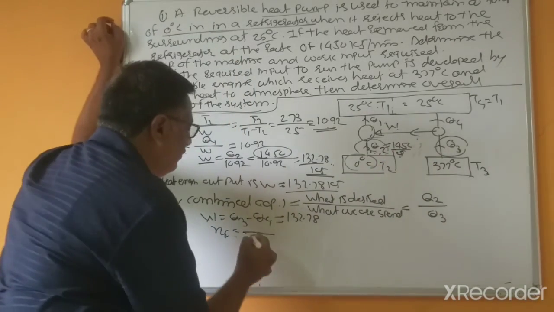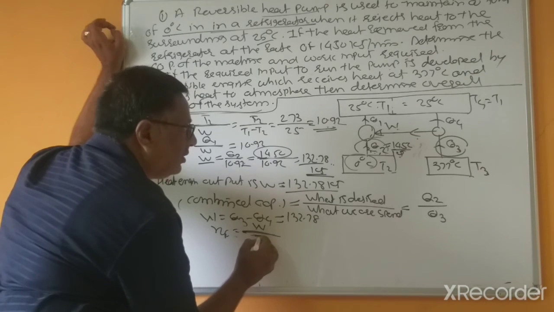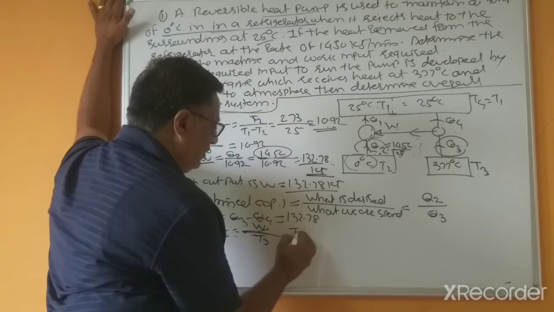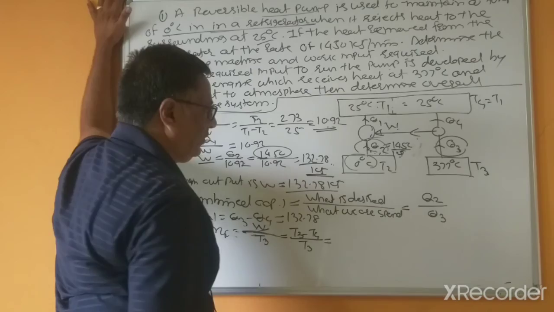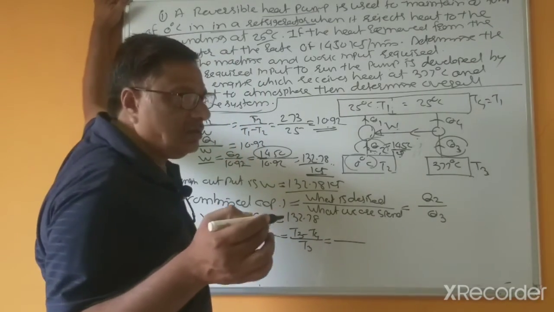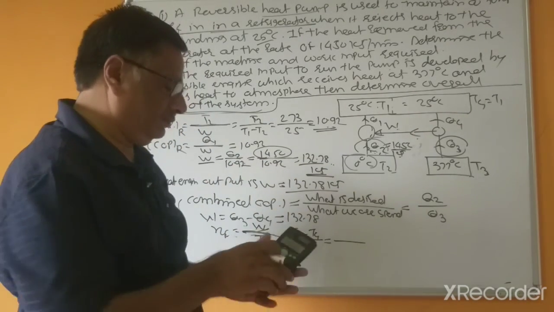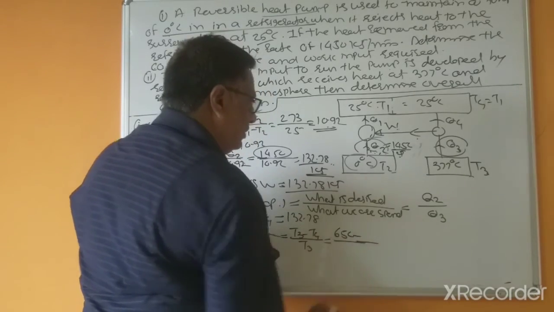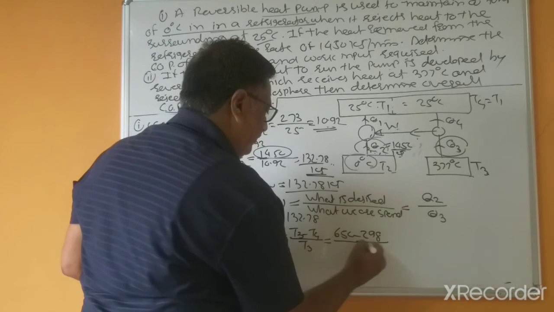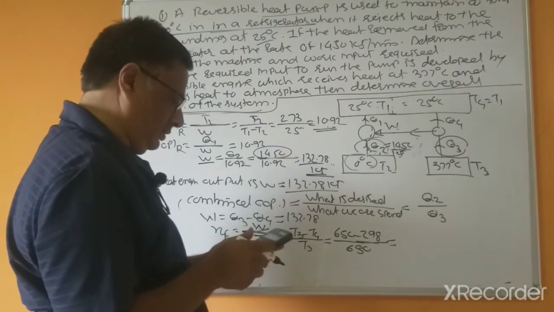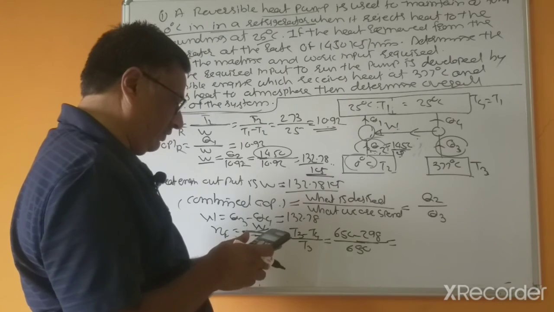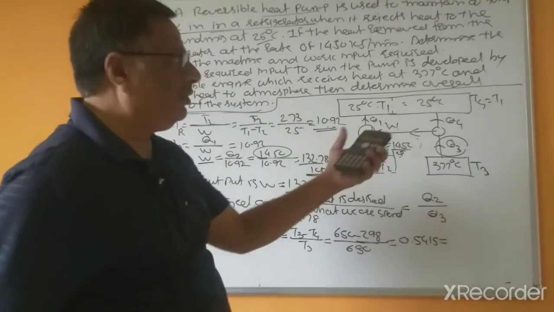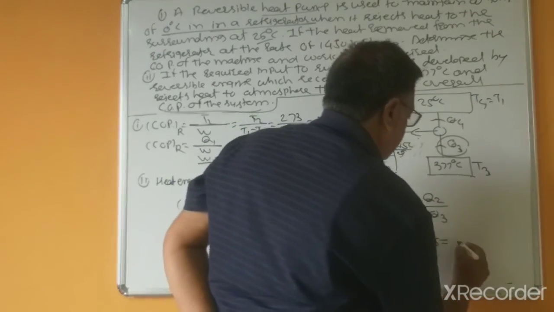Output is the work done and input is the T3 temperature, and we can write this in terms of the temperatures, T3 minus T4 divided by T3, and this T3 equal to 377 plus 273, 650, minus T4 equal to 298, and this is 650. 298 divided by 650, this is 0.5415.